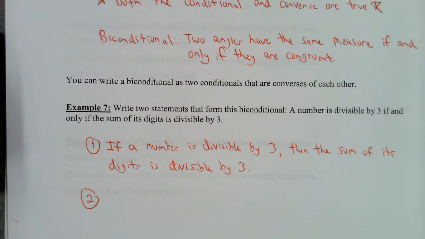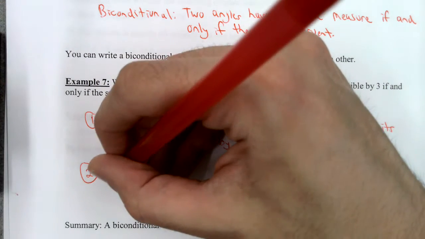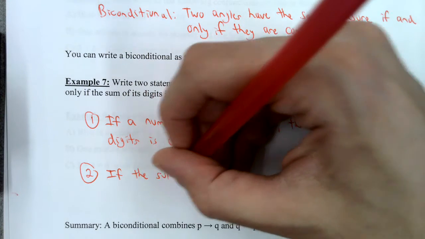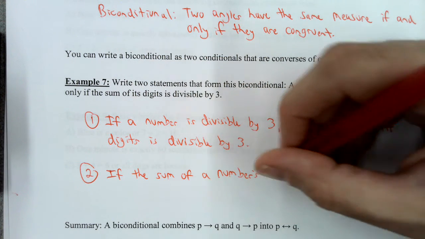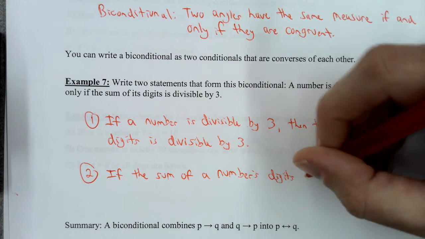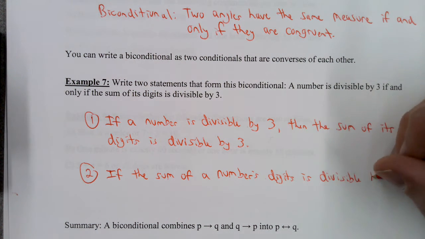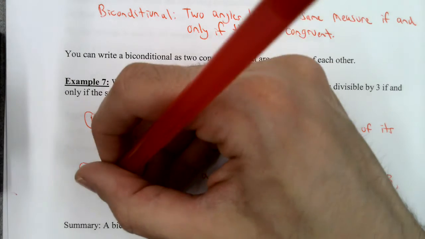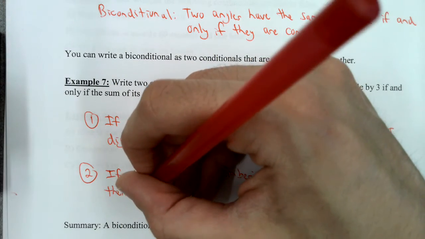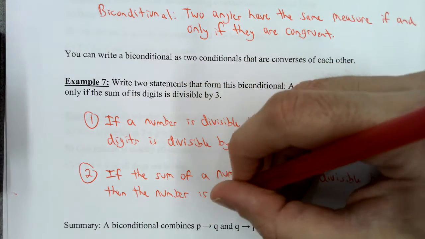Now let's go the other way. For my second statement, I'm going to say, if the sum of a number's digits is divisible by 3, then the number is divisible by 3. Okay?